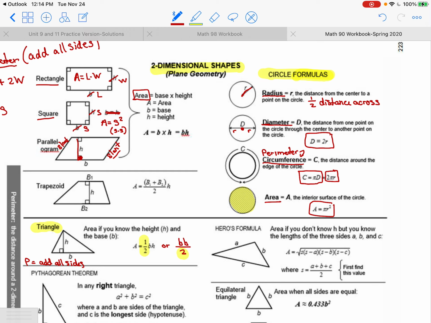And if we wanted to go backwards, we could say that the radius then is equal to 1/2 d, 1/2 the diameter, or you could call it the diameter divided by 2. So we can see how all of these relate to each other. And the idea is use the formula that works very specifically for the problem that's given.